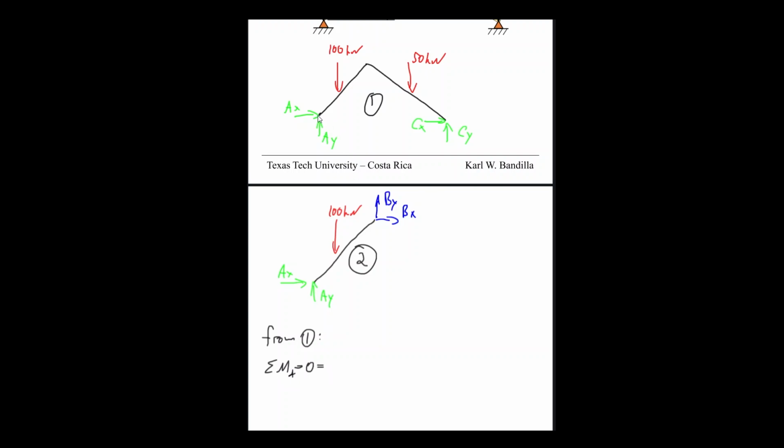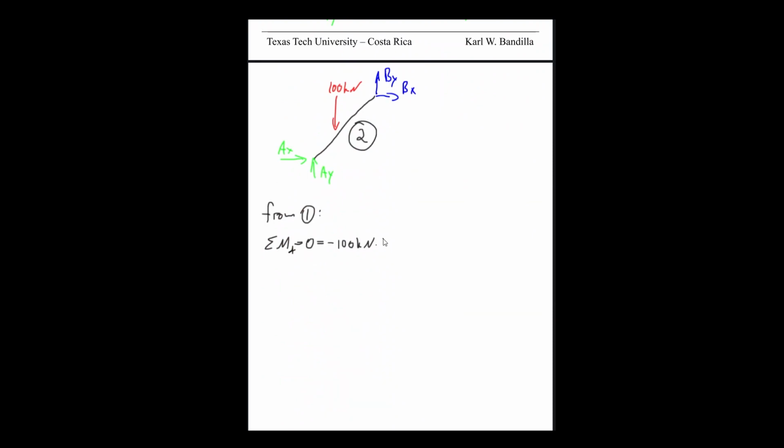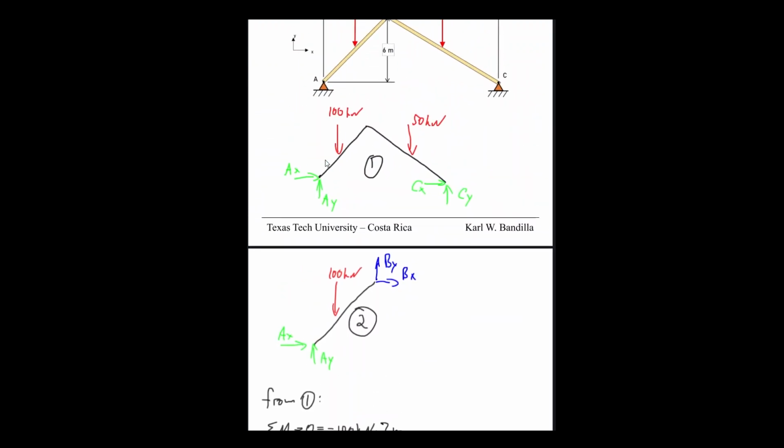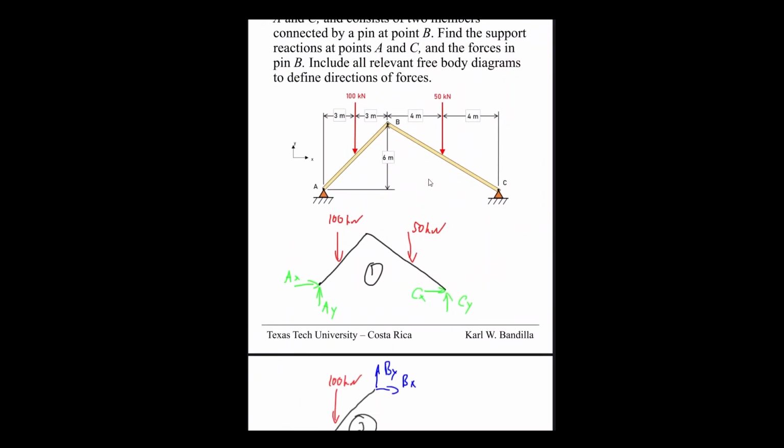What do we get at A? The first one I get is the 100 kilonewton. They are turning clockwise, so minus 100 kilonewton, and that was, let's see, 3 meters. Times 3 meters. Oops, that's not the one we're looking at. This is the one we're looking at. Then 50 is also going clockwise, so negative, and that is 3 plus 3 is 6, 10.